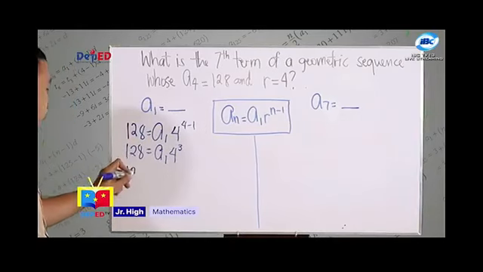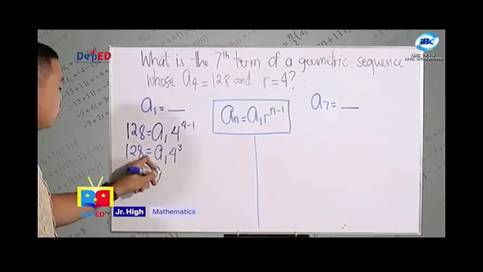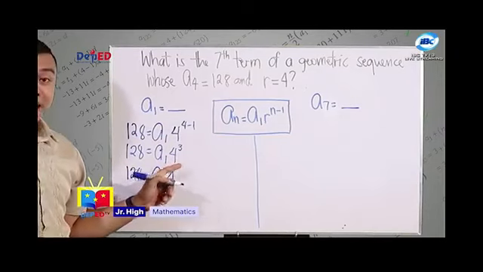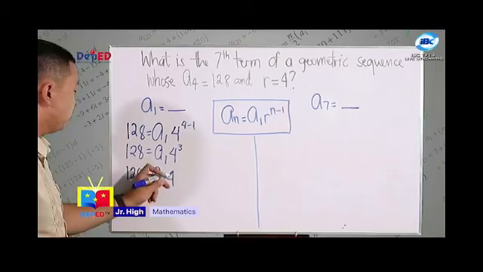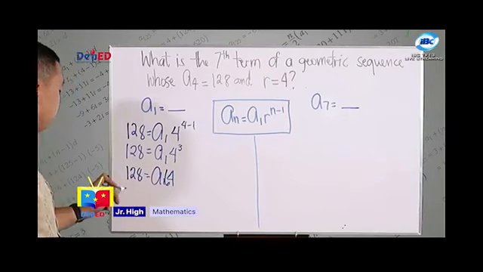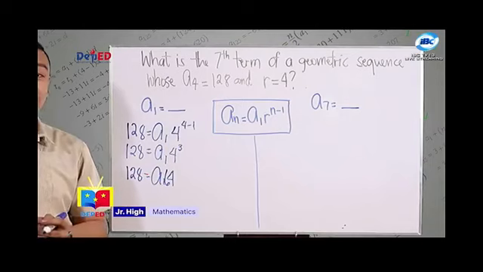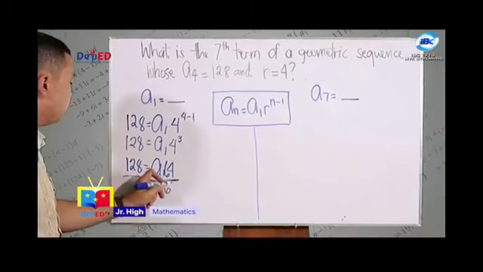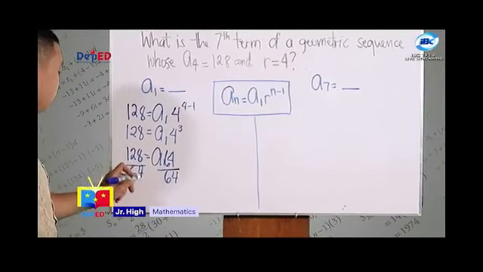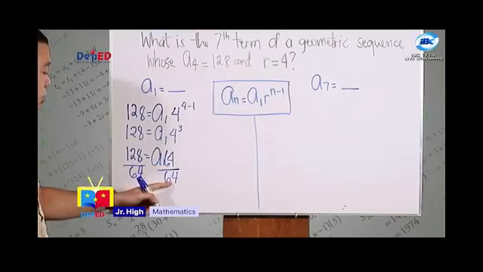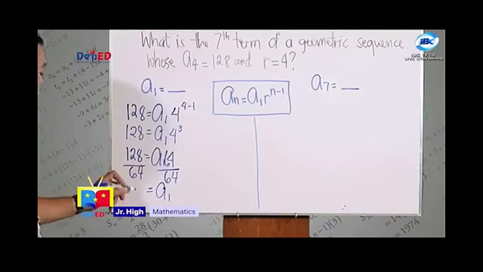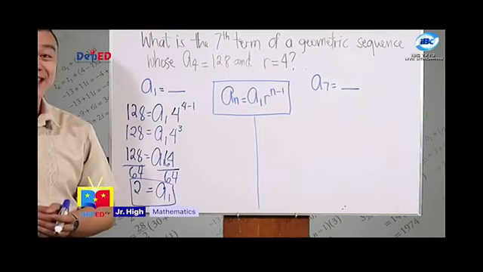Next, we will have 128 is equal to a sub 1 times 4 cubed, multiplying 4 by itself 3 times will give us 64. Then, divide both sides by 64 so we can isolate a sub 1. 64 divided by 64 will give us 1. What's left is a sub 1, and 128 divided by 64 will give us 2. Thus, the first term of the sequence is equal to 2.